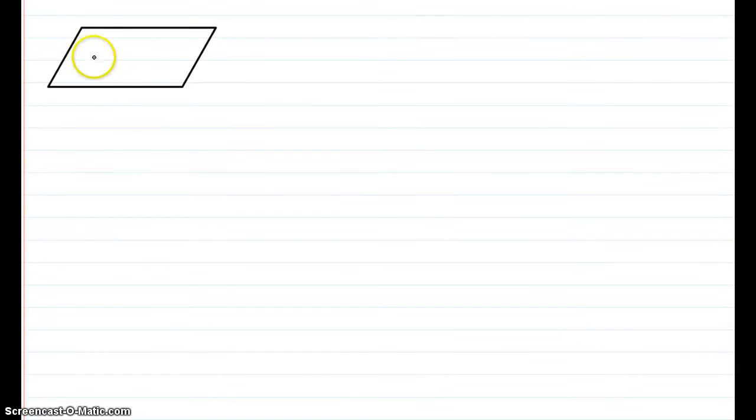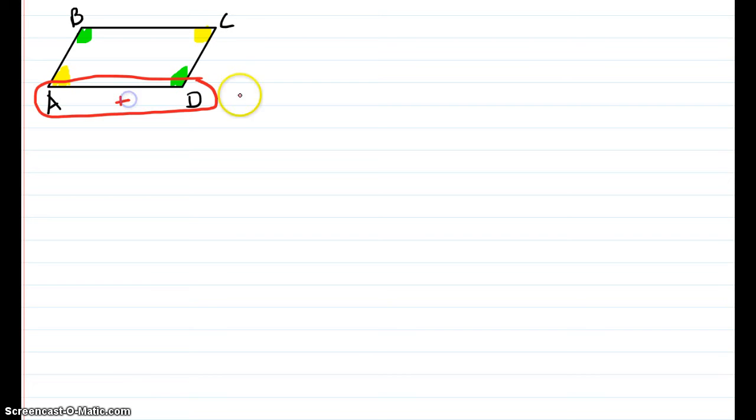Alright, let's look at our next property. Here we have this parallelogram again. We'll call it ABCD. We just talked about the opposite angles being equal. So that would mean angle A is congruent to angle C, and that angle B would be congruent to angle D. Well, the next thing we're going to learn is that the angles that are next to each other, so angle A and angle D, they add up to equal 180 degrees.